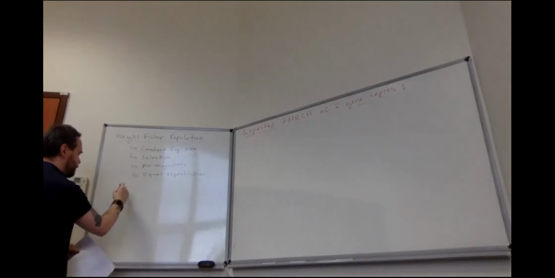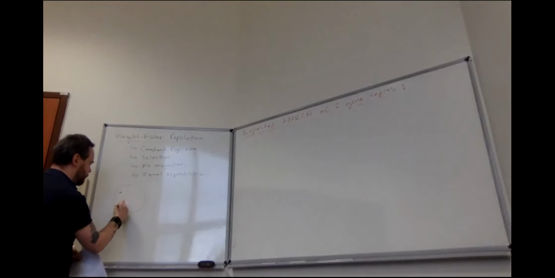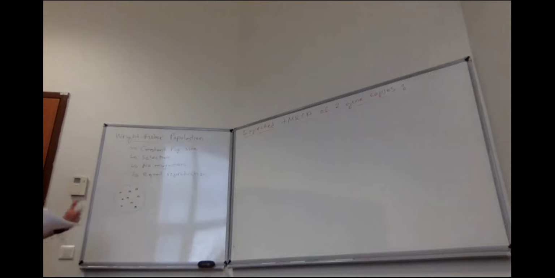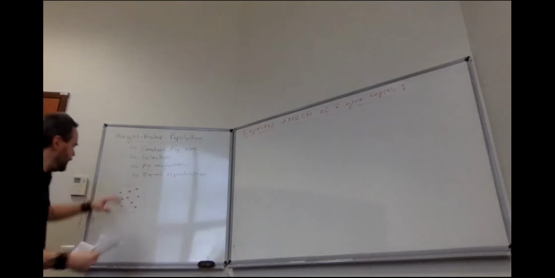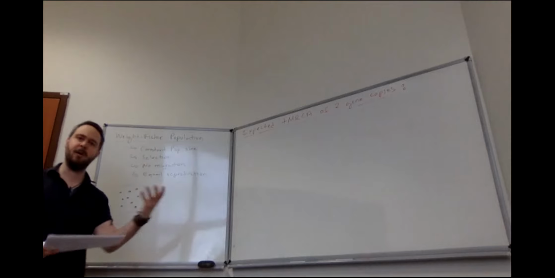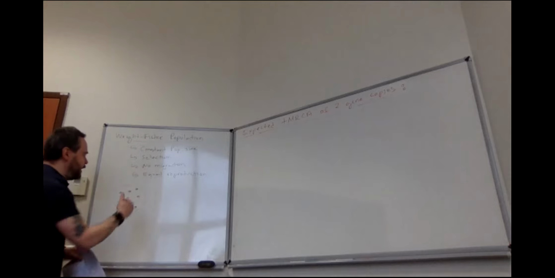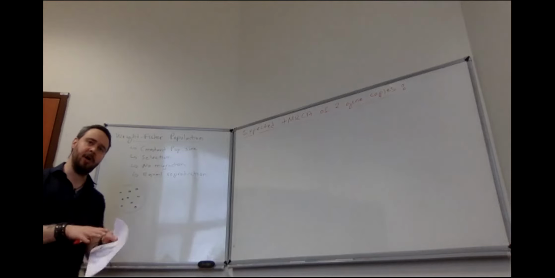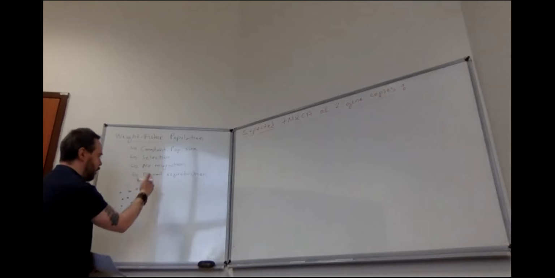Let's explain it with an example. Let's say we have a population made out of 1, 2, 3, 4, 5, 6, 7, 8 gene copies. What a Wright-Fisher model predicts is that each of these gene copies, these DNA copies, will replicate and produce the same amount of copies.